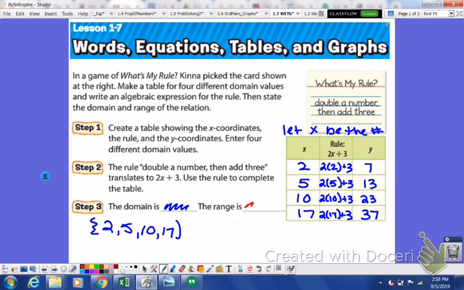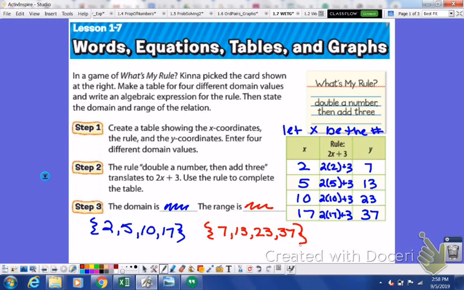And the range, we're going to do a red squiggle. And I actually just realized I put the wrong bracket there. Do the best you can with those brackets, guys. I know they're a little hard. So our range, our y values would be 7, 13, 23, and 37.